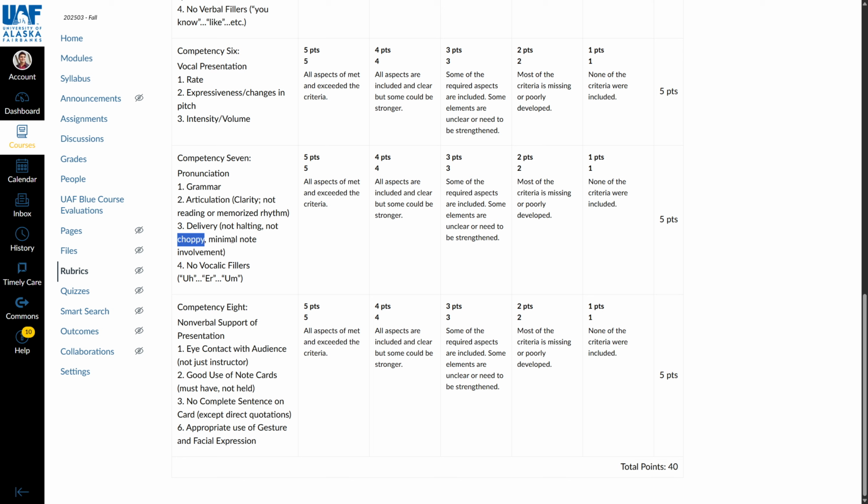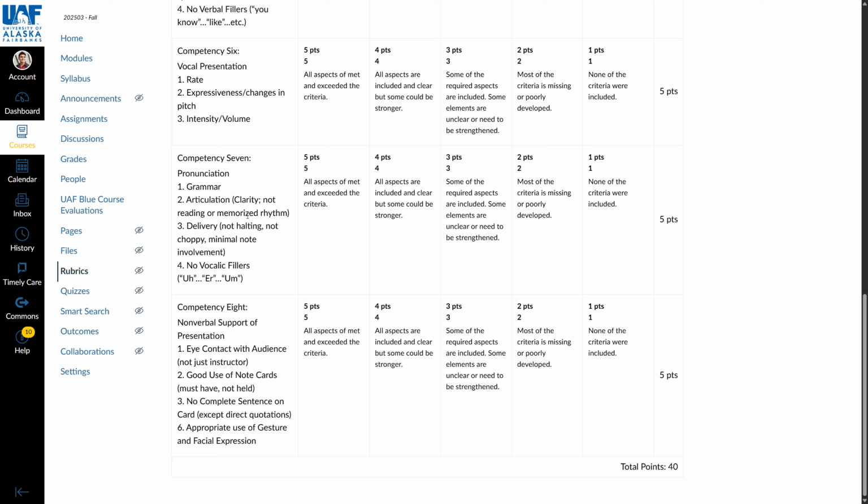Choppy. That's similar to halting, but more frequent. So if you're halting 5 times in the span of one sentence, even though you're not halting for a full 3 to 5 seconds, that's going to be really distracting too. So try to avoid that.